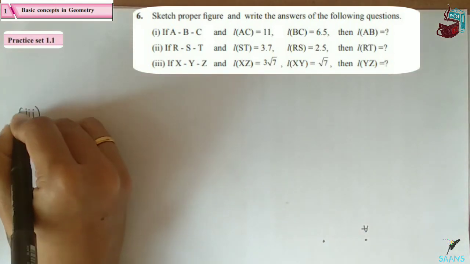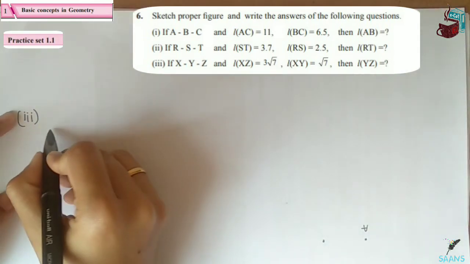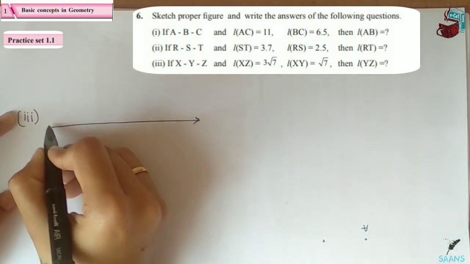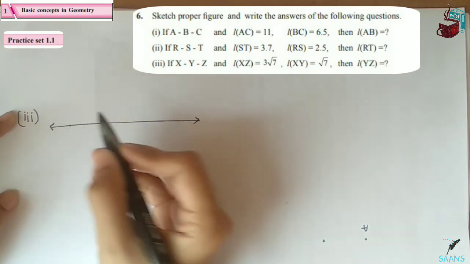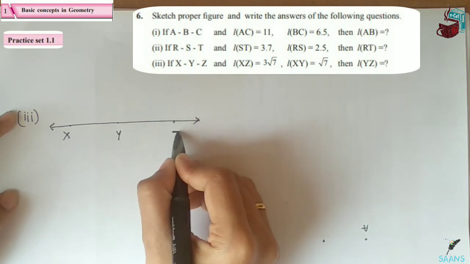Question 6, the third sum. Now these are based on surds. Distance X, Y, Z. So X-Y-Z.